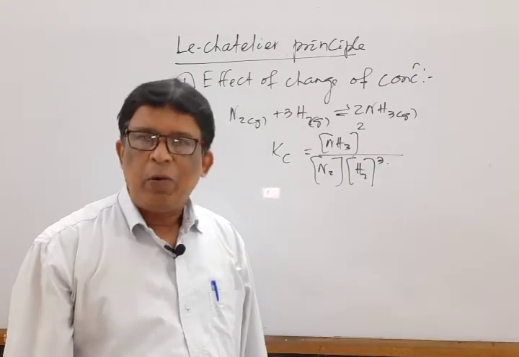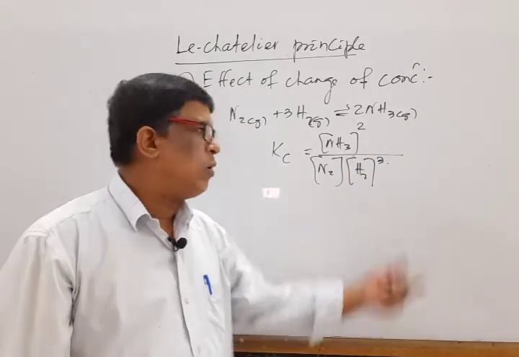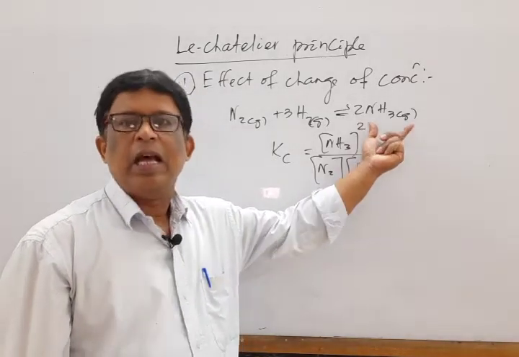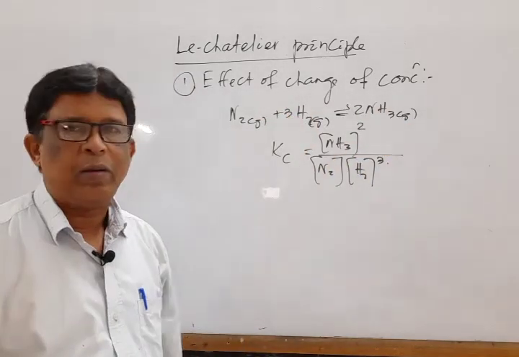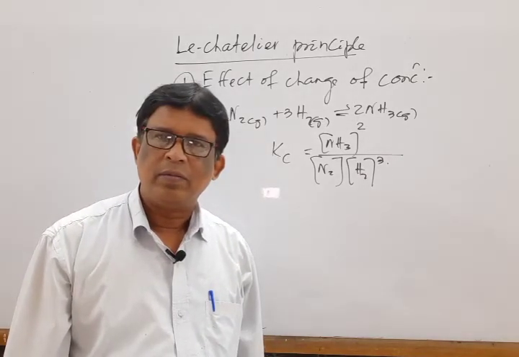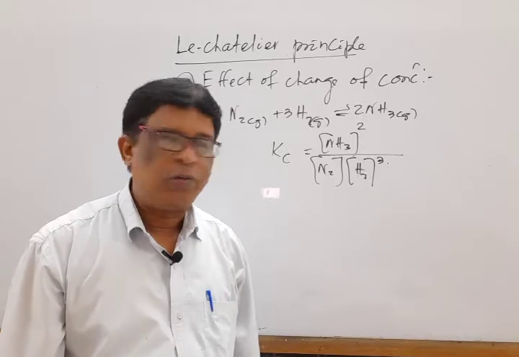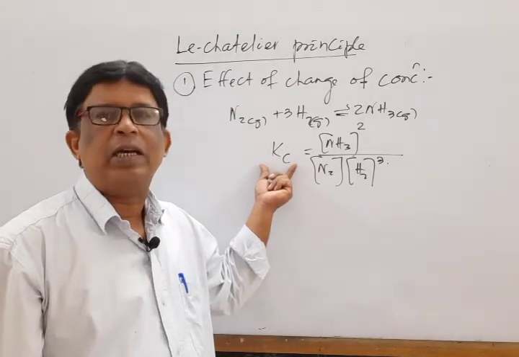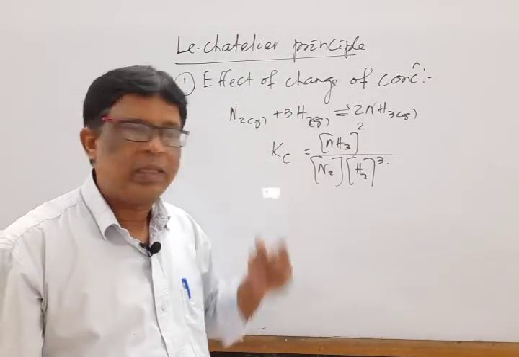Similarly, if we increase the concentration of any one of the product species, then the equilibrium shifts backward, forming more amount of reactant. As a result, the equilibrium constant remains the same. Mark that, I repeat again.